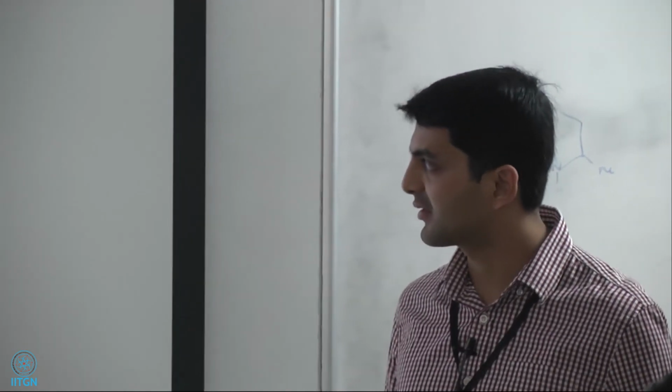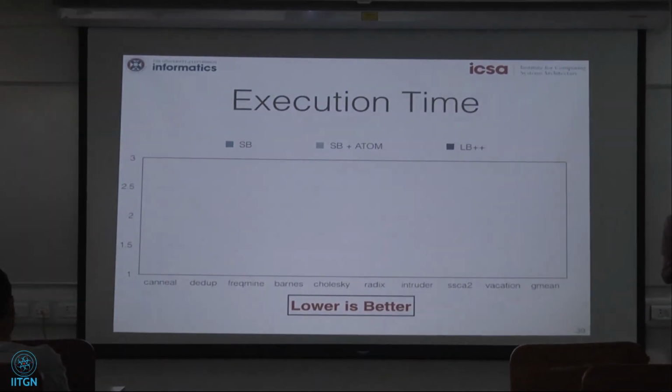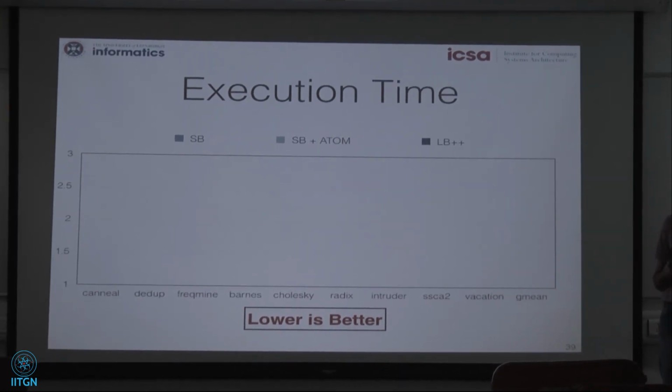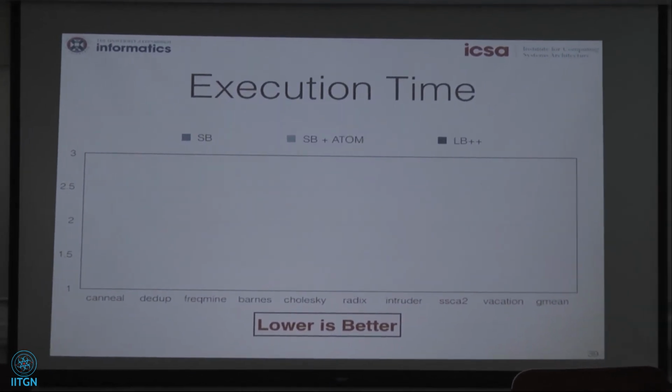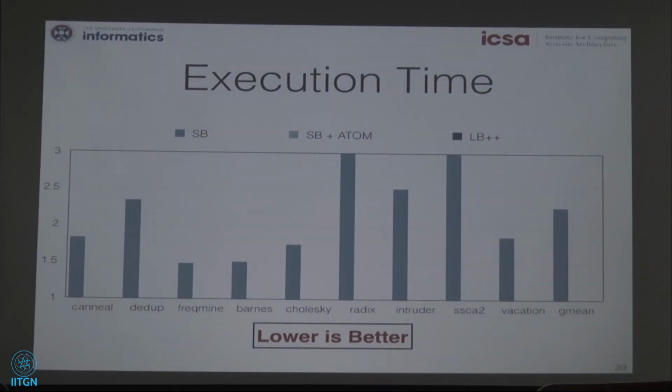We evaluate a similar system as we saw before, and we essentially are looking at bulk strict persistency, which is to checkpoint applications. Now, the results here are normalized to a volatile execution, to an execution which does not care about atomic durability, which again is the best case performance that you can achieve. Now, if you use strict barrier, then it has a performance overhead of around 2.3x over a volatile execution where you don't worry about checkpointing.